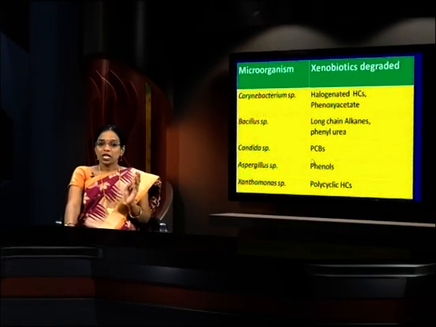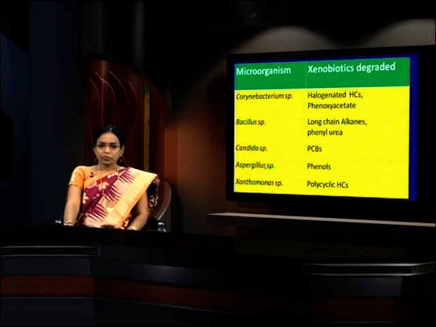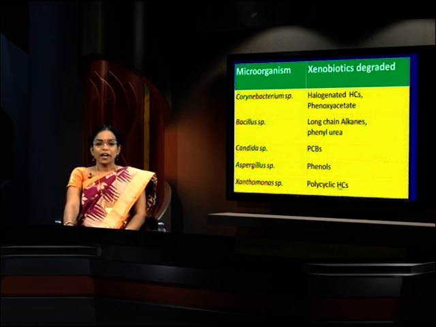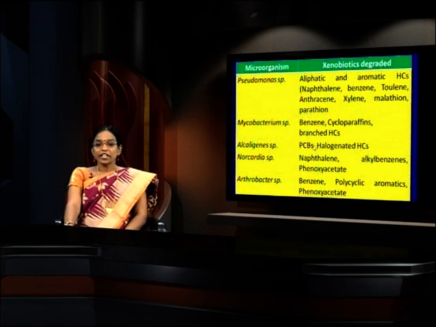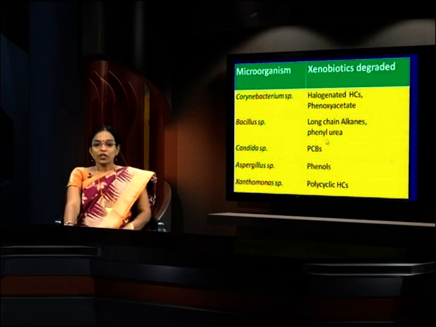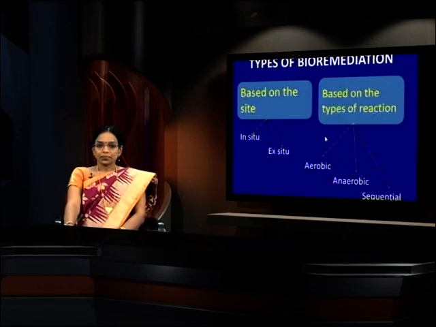Candida species degrade PCBs, Aspergillus species degrade phenols, and Xanthomonas species degrade polycyclic hydrocarbons. So, these are 10 microorganisms out of 40 to 50 microorganisms which can degrade a large number of xenobiotics.